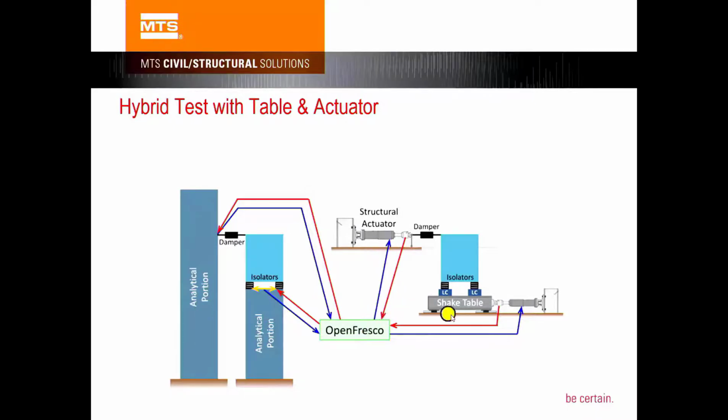In this case, the shaker table and the actuator are all coupled with the analysis model. Through the connection, you could use OpenFresco. Again, this diagram was provided by Steve Mahin of UC Berkeley.